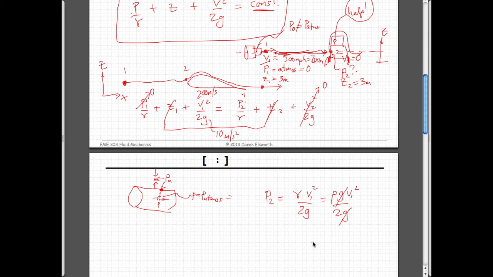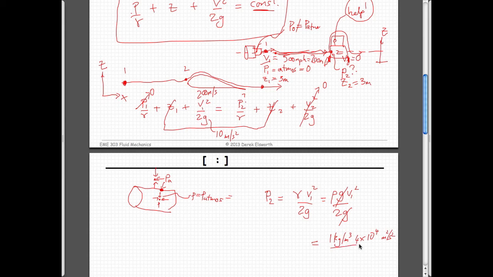Which is just equal to the density. Density of air is about 1 kilogram per meter cubed, something of that order. Velocity 1 squared is going to be 4 times 10 to the 4 meters squared per second squared, right?